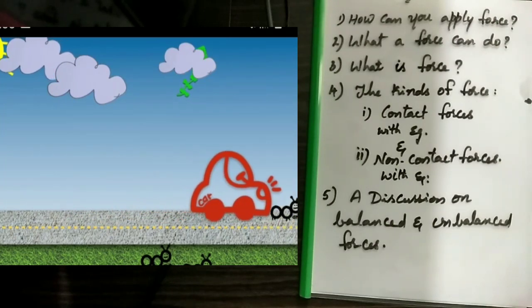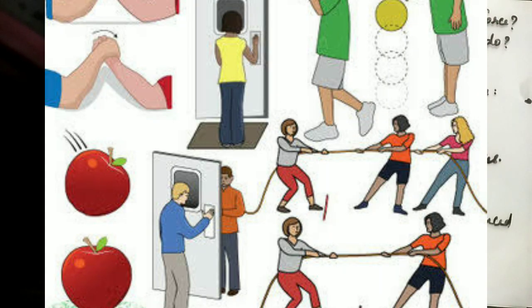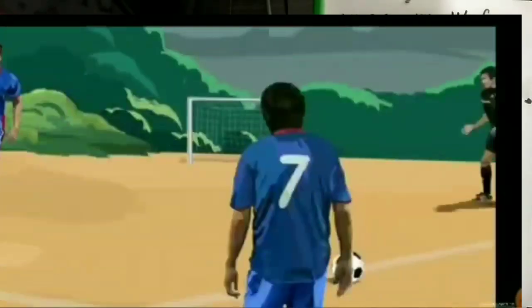When you are applying force, what happens to the moving bodies? This was given by Sir Isaac Newton, and we are going to learn about Newton's laws of motion.